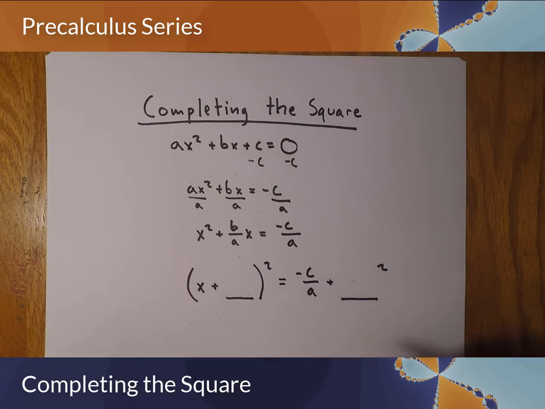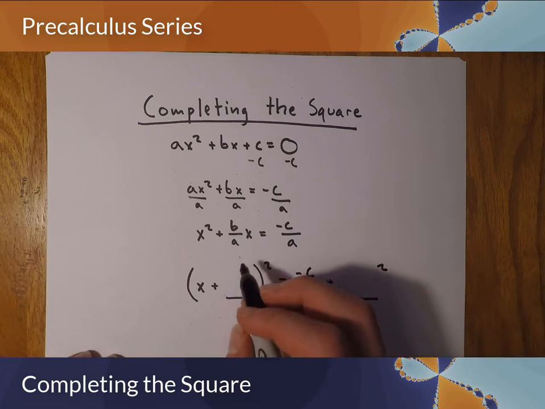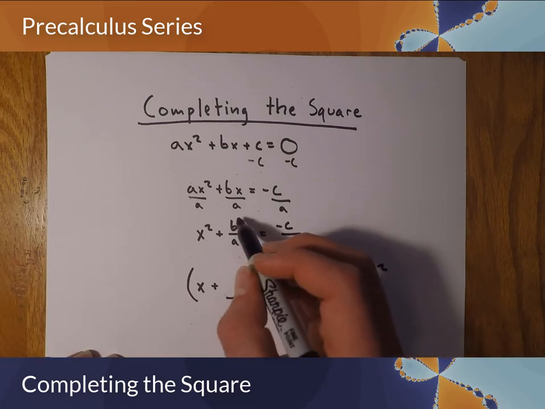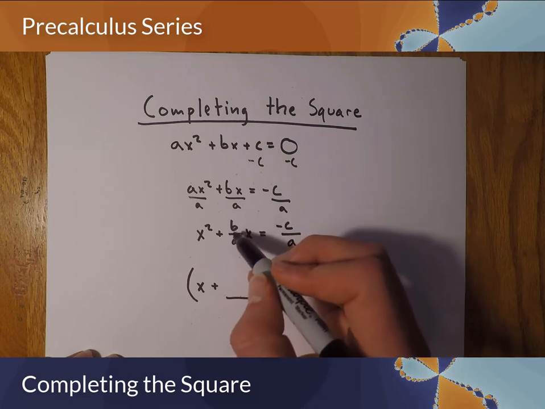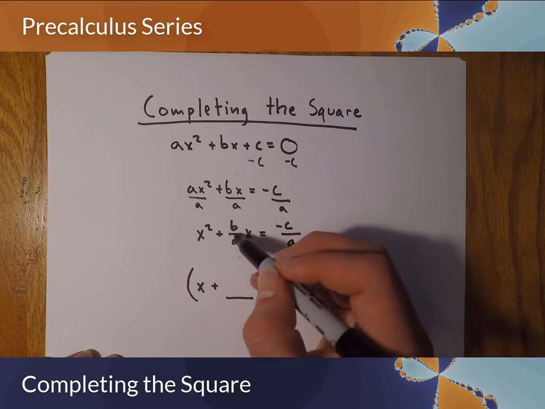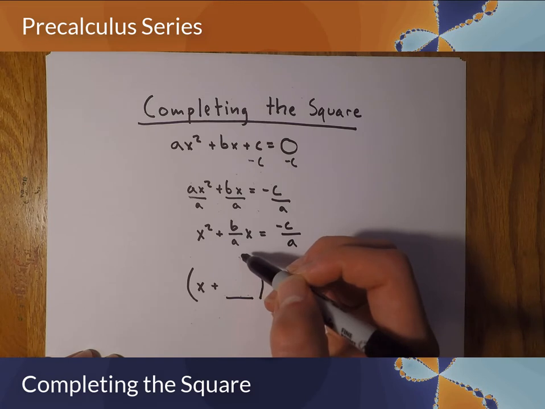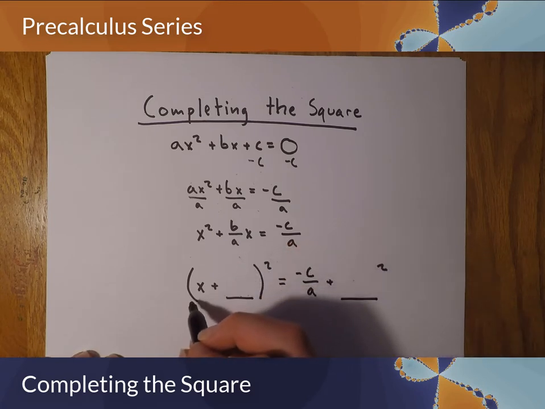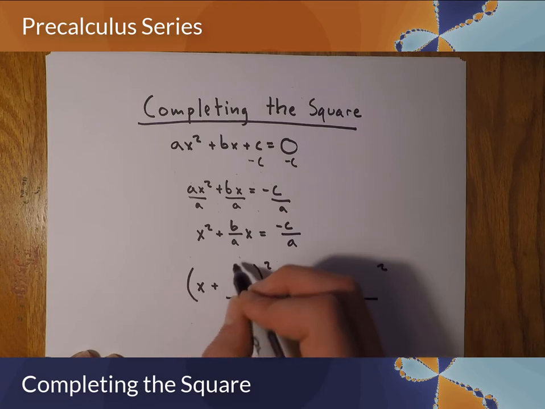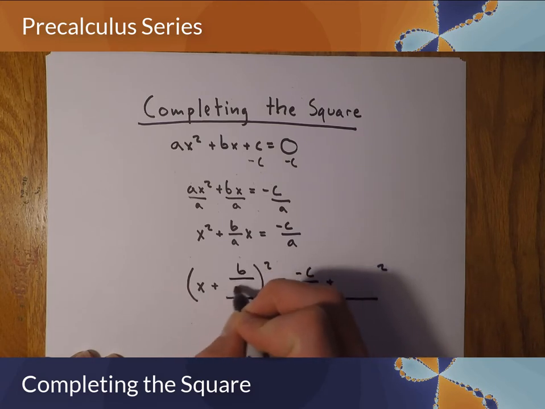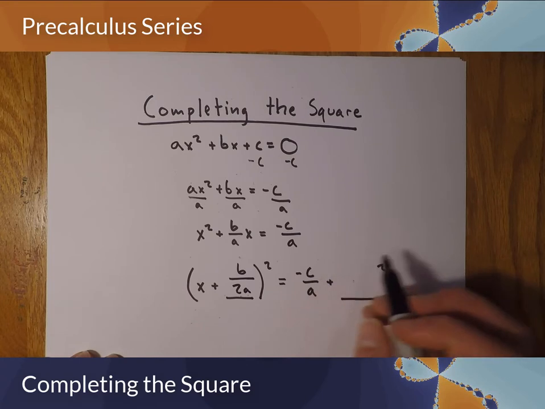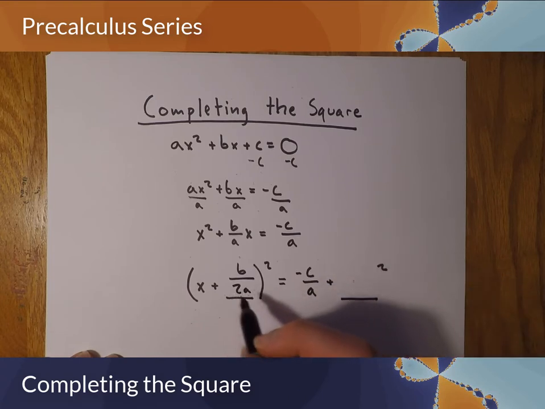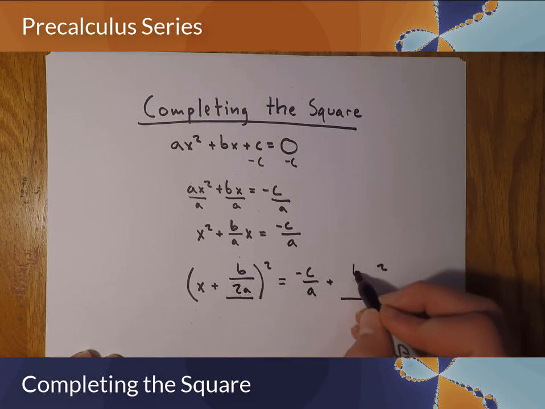It might make more sense in the geometric proof later in this video. But how you find this value is you divide this middle coefficient, b over a, by 2. So your final thing when you complete the square is x plus b over 2a, squared. And then you have to add b over 2a squared to the other side.